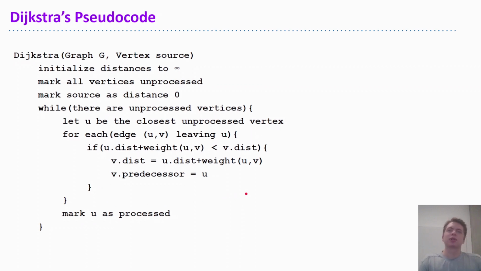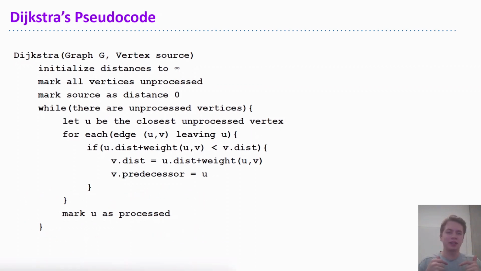Since we discovered a shorter path than what the node originally had, its original predecessor will no longer lead to the least cost path in our least cost path tree. So that's why we change the predecessor here if we ever discover a shorter path. And then finally, we will mark the node that we took off of the priority queue as processed.